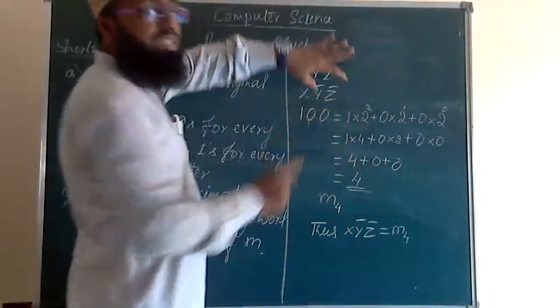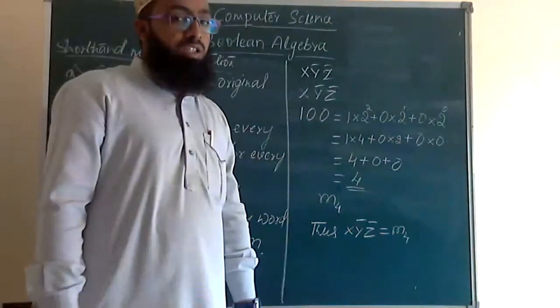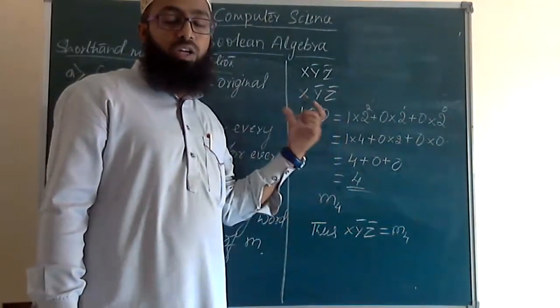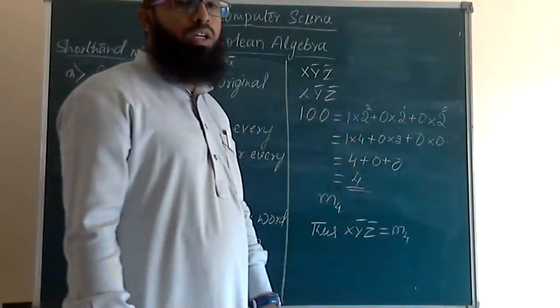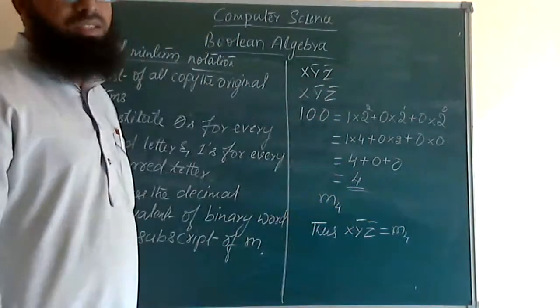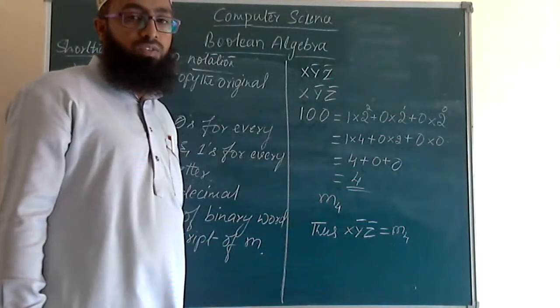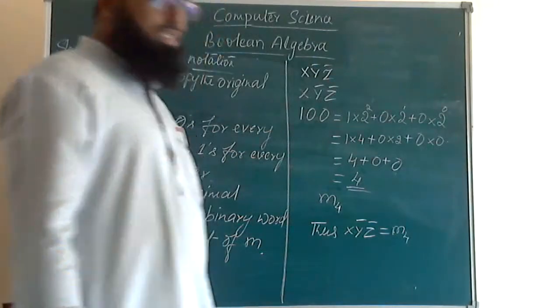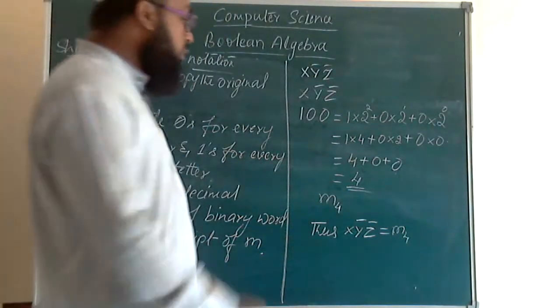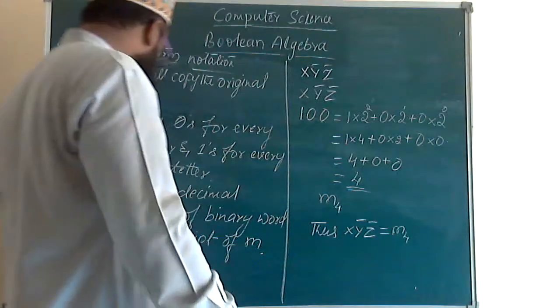That is the saving. So we have got m4 as the shorthand minterm notation for x, y bar, z bar. For your understanding, I will take one more expression and solve it.